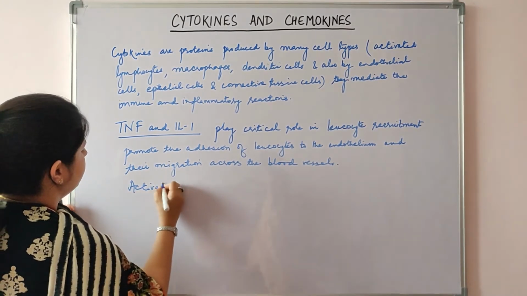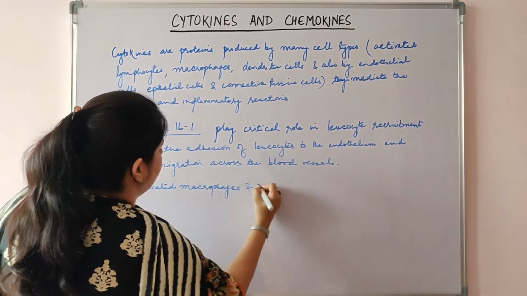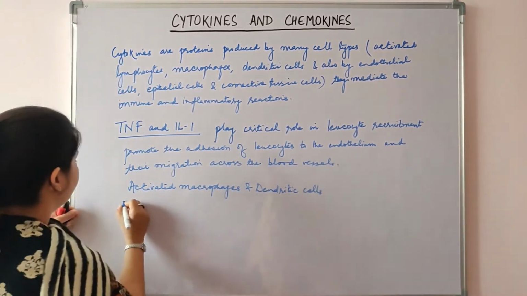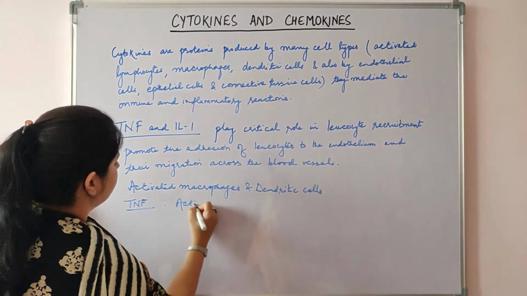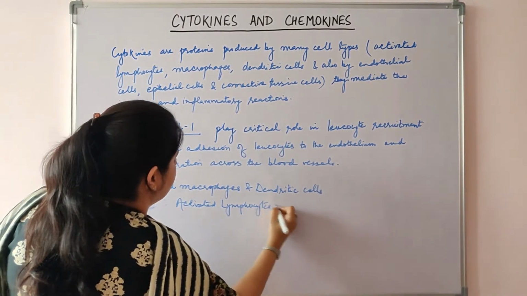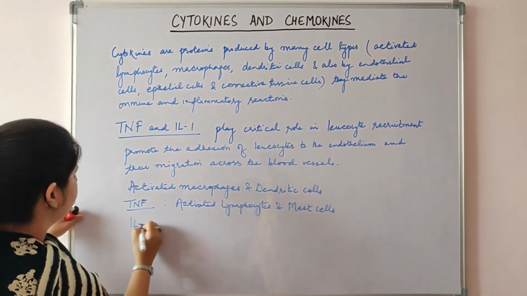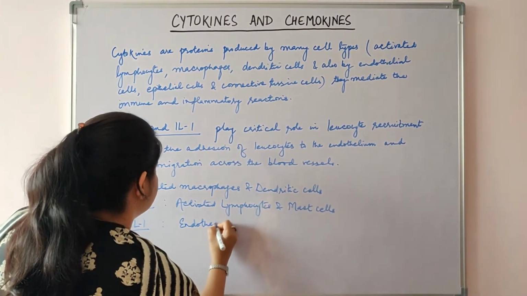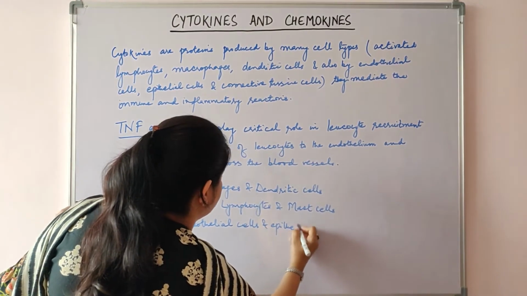So both are produced by activated macrophages and dendritic cells, but TNF is also produced by activated lymphocytes and mast cells, and interleukin 1 is also produced by endothelial cells and epithelial cells.